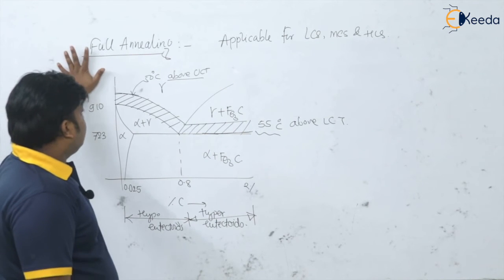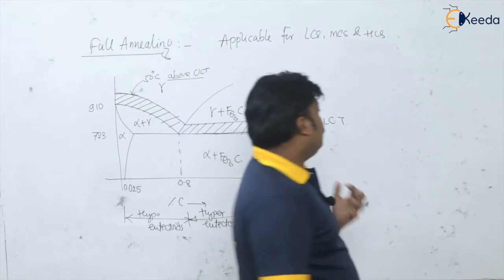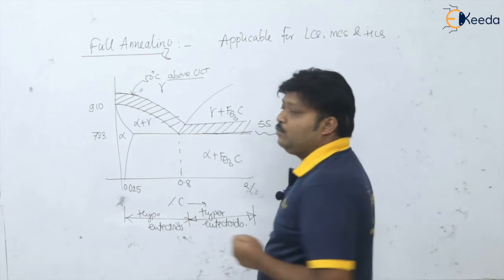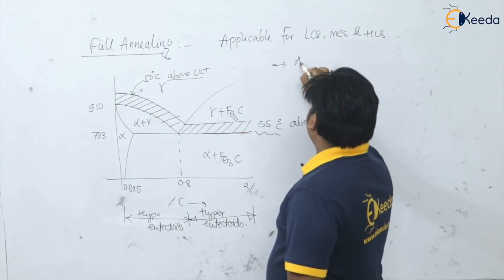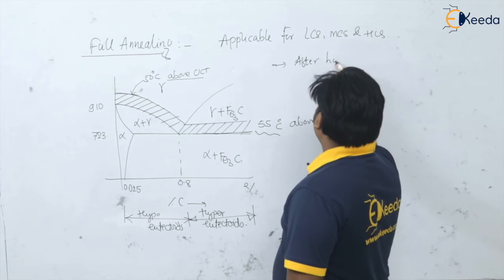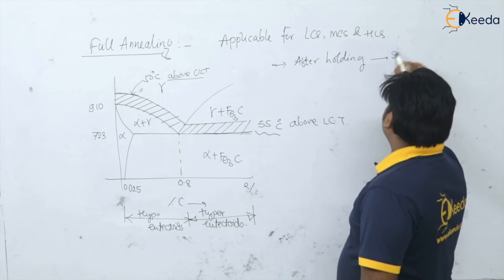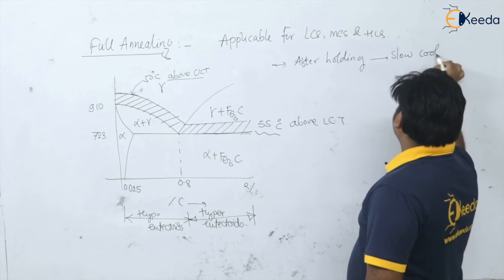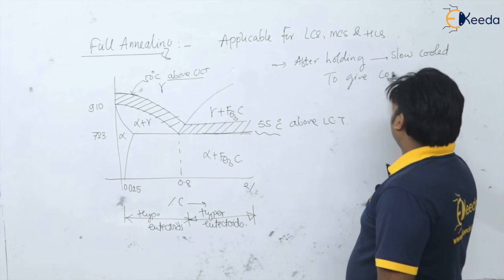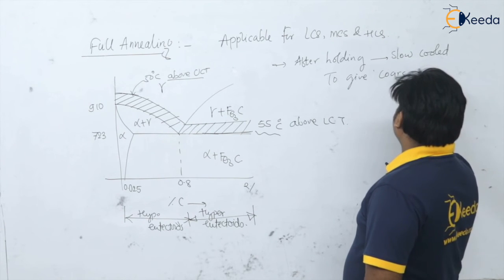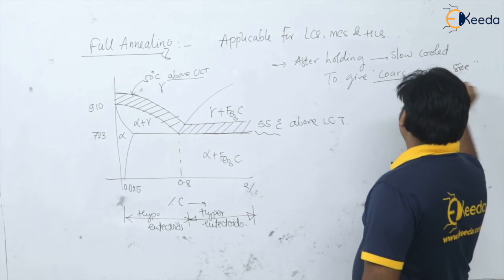So this is the temperature, and when we heat and hold it, we are cooling very slowly. So after holding, the specimen is slow cooled, and it will give the coarse grain size, very important.